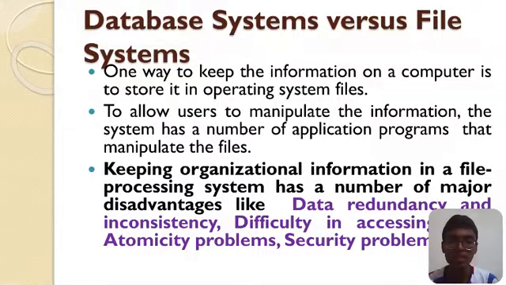The system has a number of application programs that manipulate the files. Keeping organizational information in a file processing system has a number of major disadvantages like data redundancy and inconsistency, difficulty in accessing data, atomicity problem, security problem, etc.